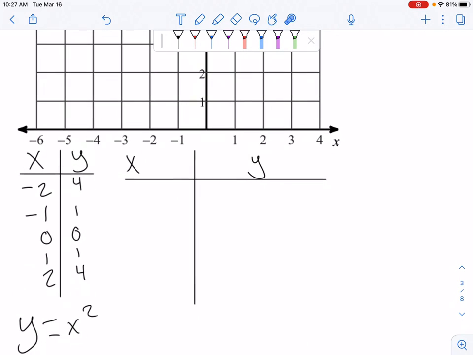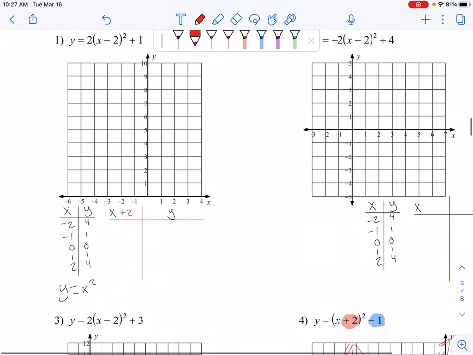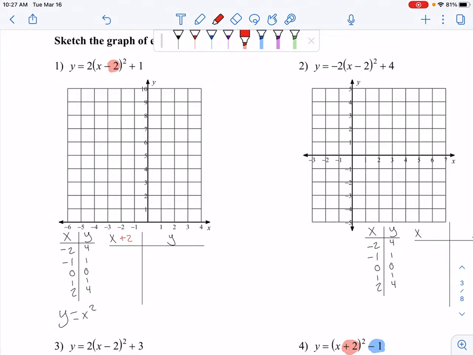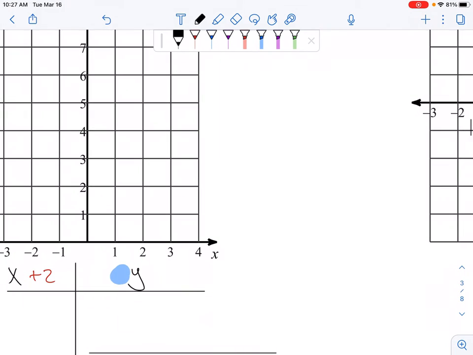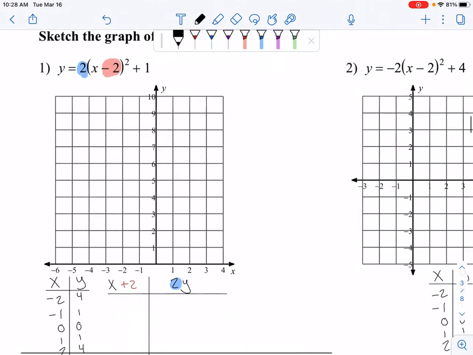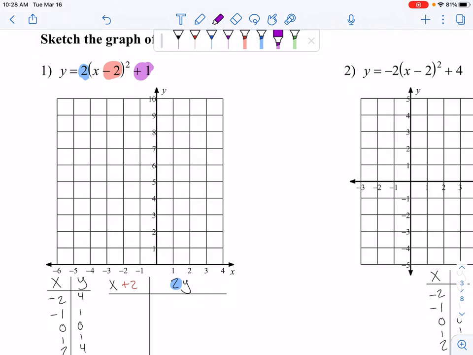So I'm going to add 2 to my x here, and I got that, I'll highlight in red, from here. My y values are going to stretch by 2, so I'm going to multiply by 2 down here. And it's shifting up 1, so I'm going to add a 1 here.